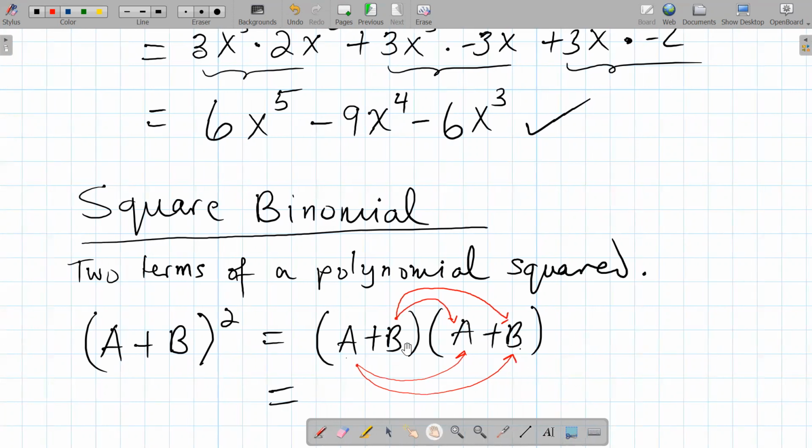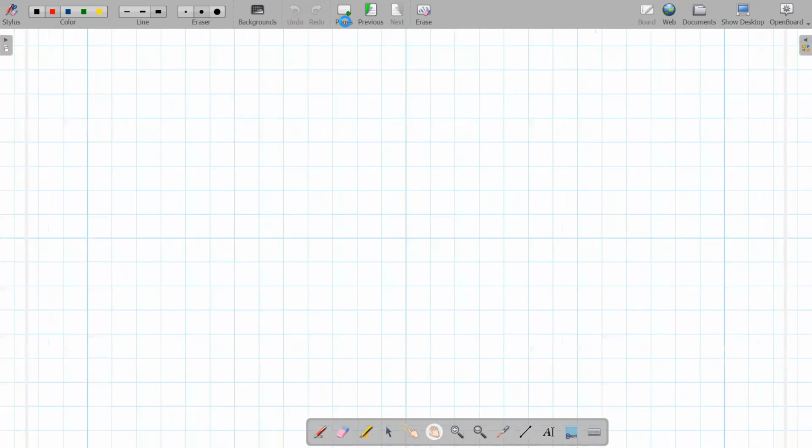Let's go to another page. So we have A plus B all squared.